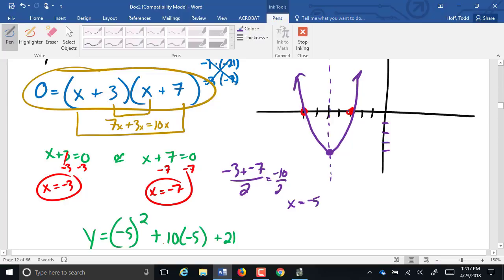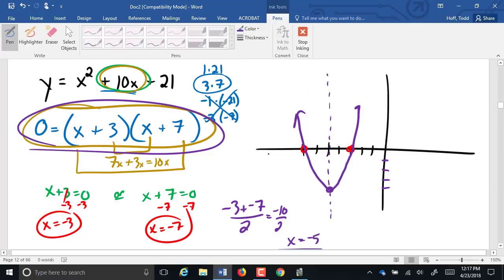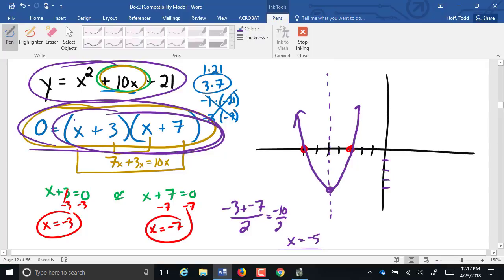Should have gone through the point a little better here. There. Now, we have this factored form. When we found x equals negative 5, I've been putting it back in the original equation, but we don't have to. For some of you, it might be easier to use this factored form.